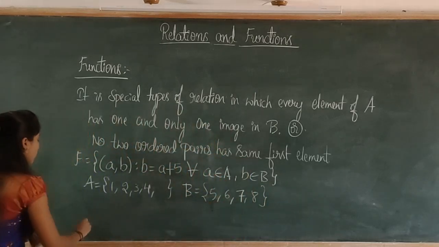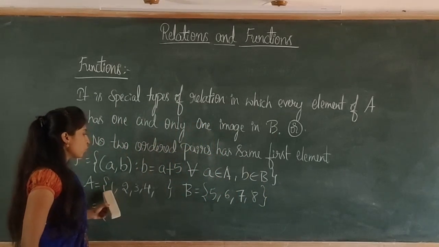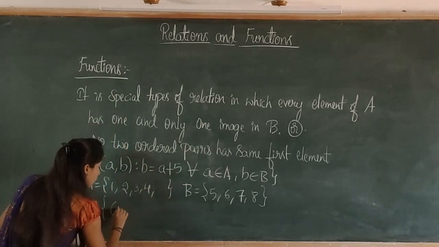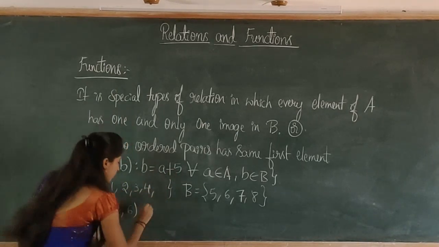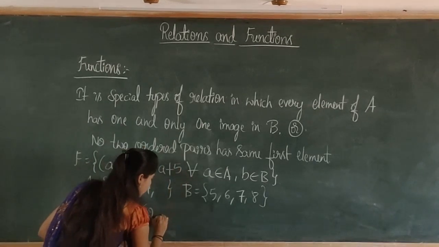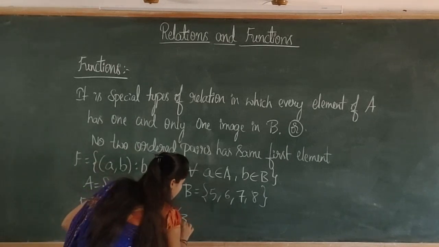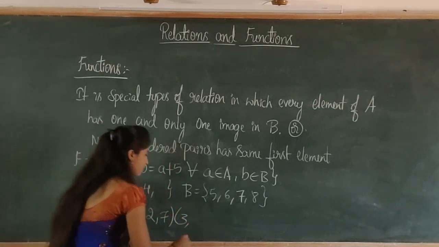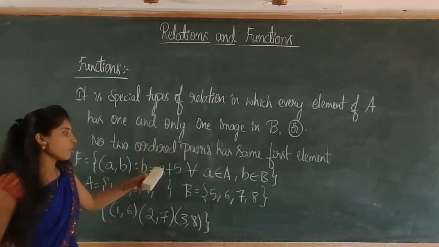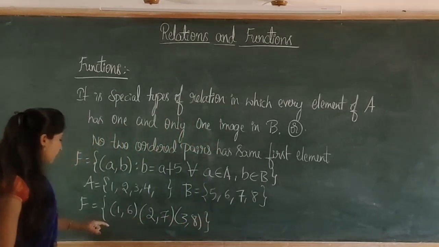Now how are we going to do this relation? If a is equal to 1, then the value of b is 6, since 1 plus 5 is 6. So (1, 6). If a is equal to 2, then the value of b is 2 plus 5, that is 7. If a is equal to 3, the value of b is 8. If a is equal to 4, the value of b is 9, but 9 is not in the given set. So here we will stop.